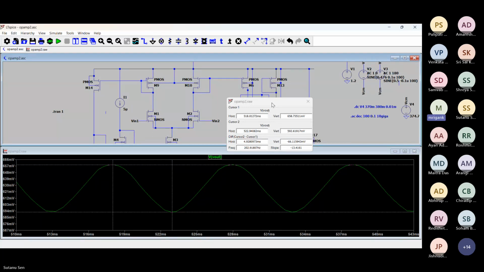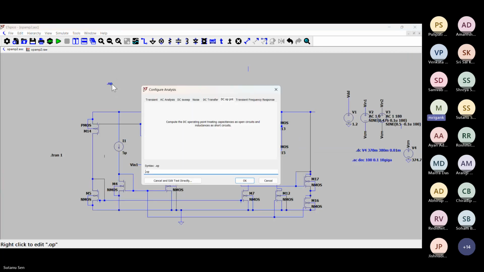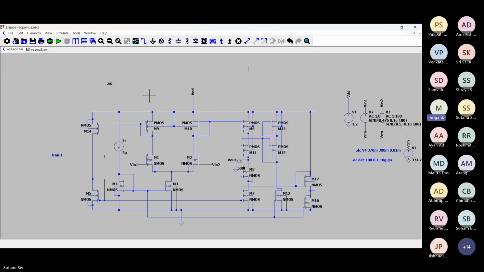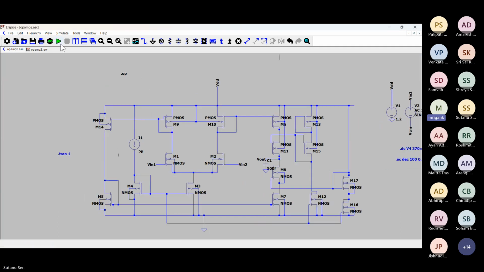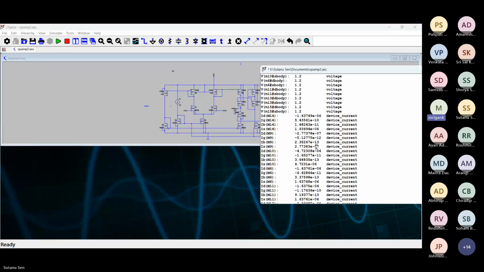From the DC point of view, look at the DC currents of M9 and M10 in this condition. What is happening? Yes, sir. Because here what we need is that the output should be close to the midpoint, and for that, whatever input difference you need to have, we need to apply.